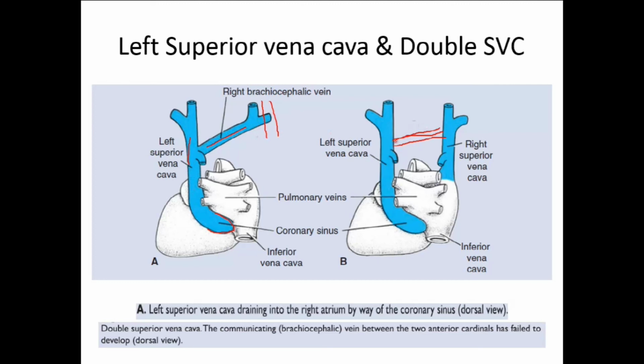So here we don't have any such structure. That means each of the superior vena cava will open up separately. The left one will open up in the coronary sinus, and the right superior vena cava will drain into the right atrium as such.